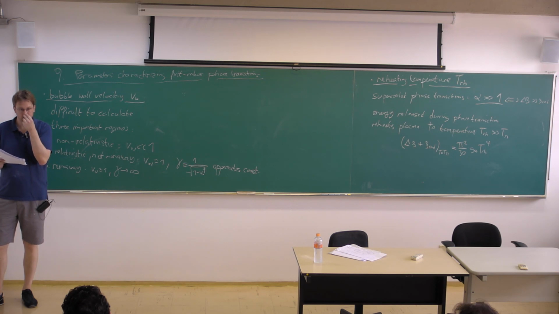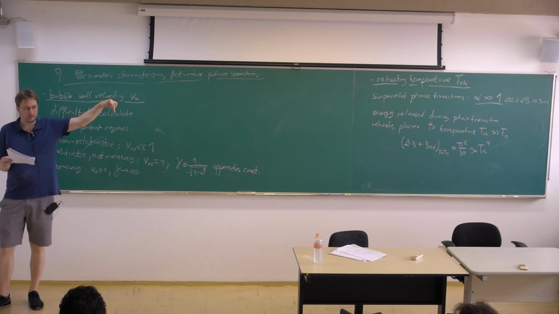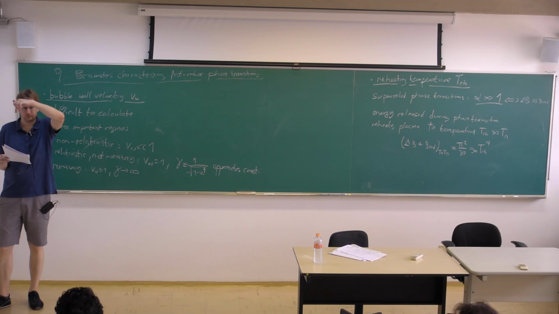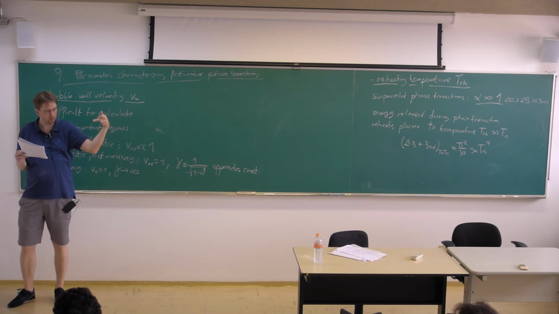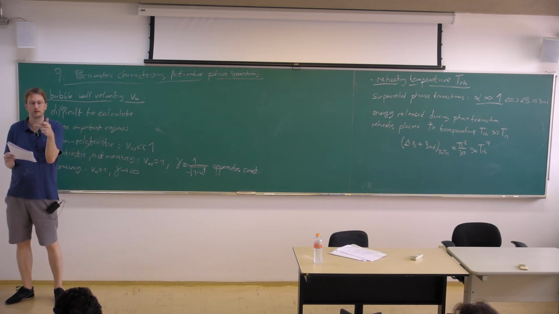For the Higgs case, outside the Higgs value is 0, inside it is non-zero. So a gauge boson that can interact with the bubble wall is massless outside and massive inside.